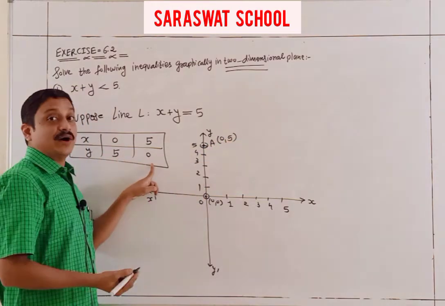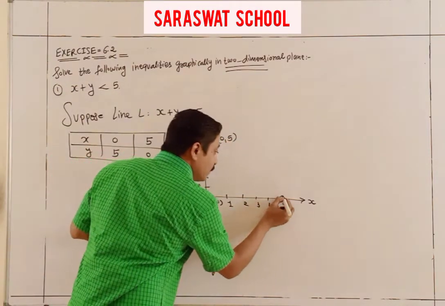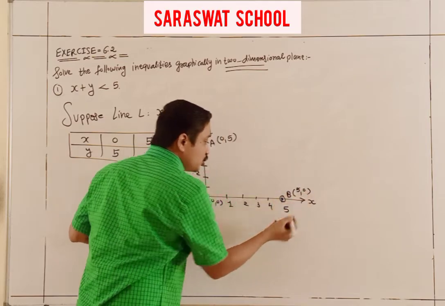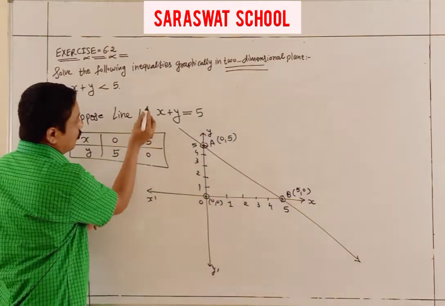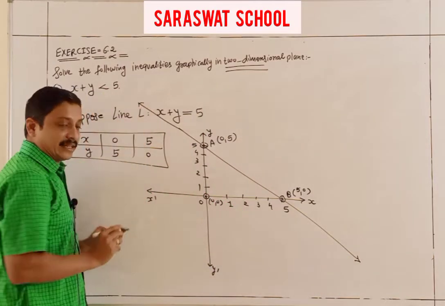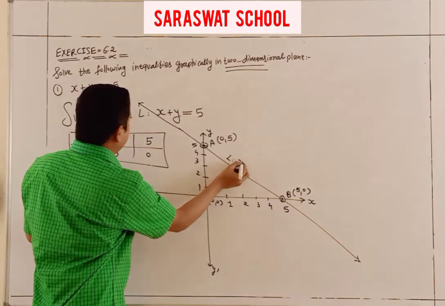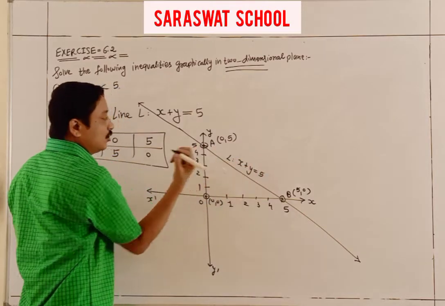Second, 5, 0, it means you are here. Join both points using the scale, and that is your line. This line is the L line, x plus y is equal to 5.